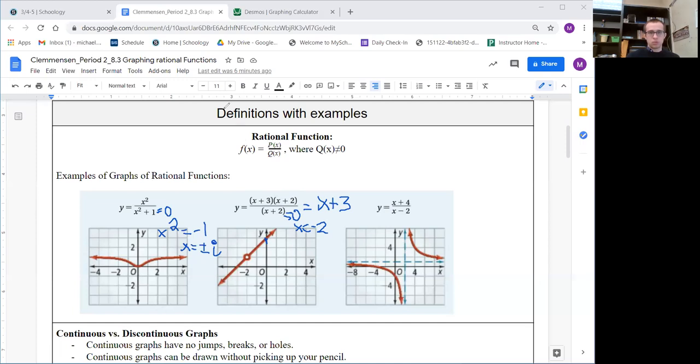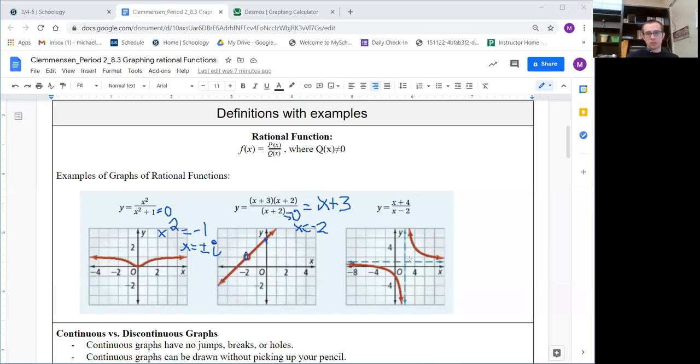Let's draw circles right now. There we go. It's kind of a circle. So that's what we have to do. This one happens when we cancel out, and then we have a hole.